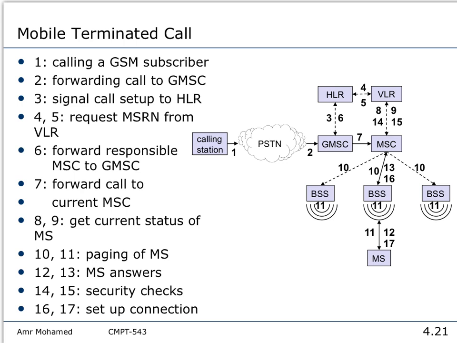Is this MS authorized to make this call? The end-to-end authentication has been done, because if this MS does not authenticate itself to the network, it will not receive any paging at all. But this is what we call message authentication. So once we do that security check, we establish the link end-to-end between this calling station all the way to the MS. That is number 16 and 17. Okay? So this is the sequence.